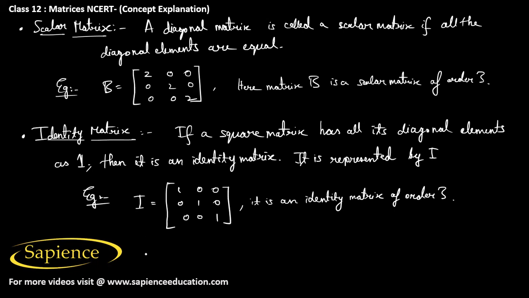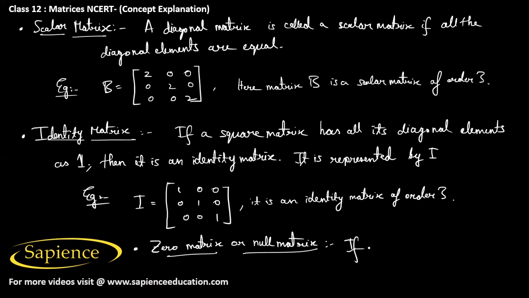Then the next type is the zero matrix, or null matrix. If any matrix has all its entries as zeros, then it is called a zero matrix or null matrix.